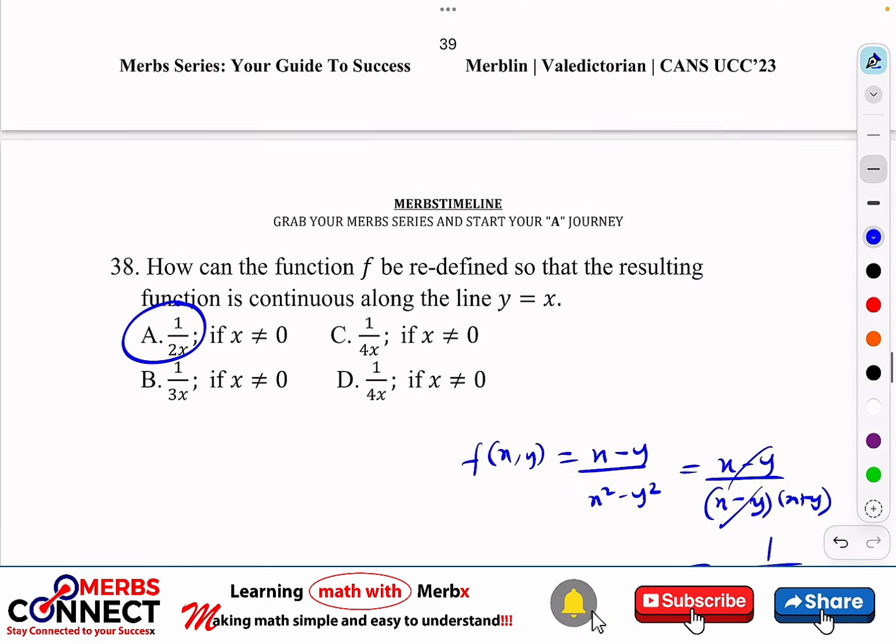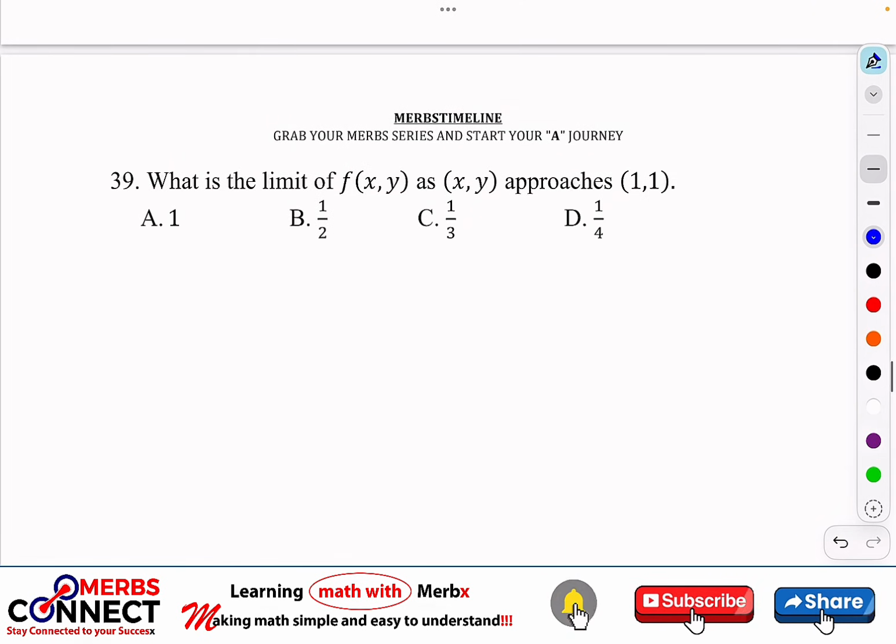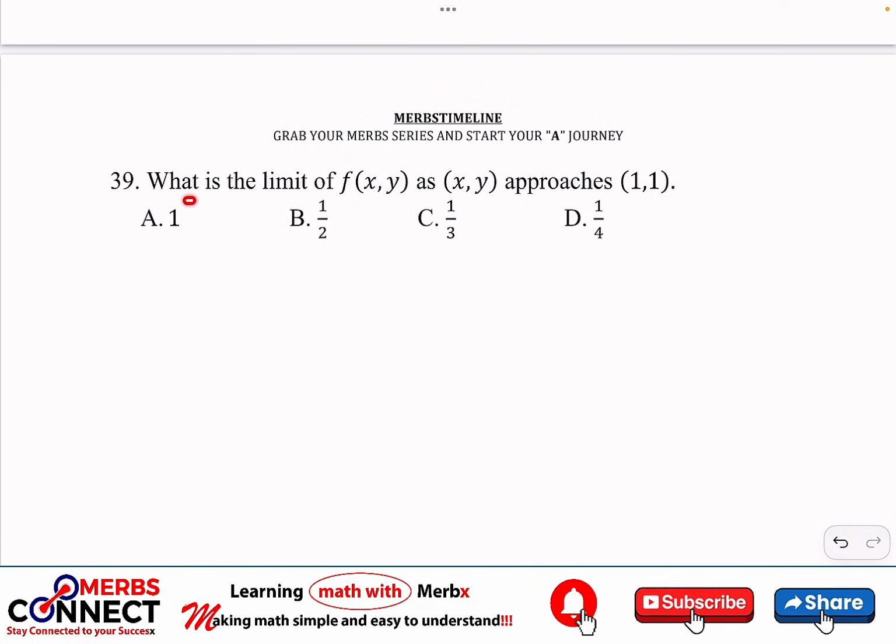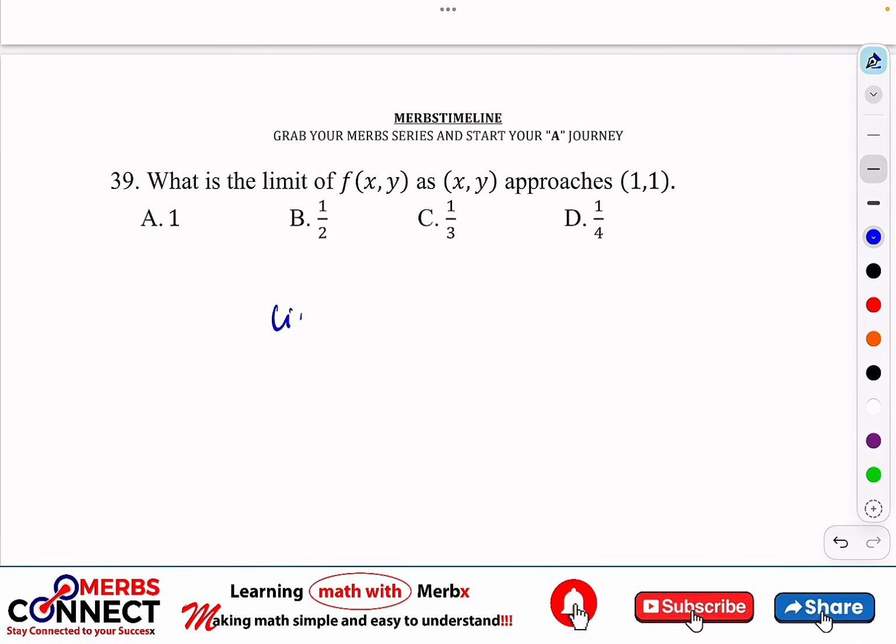Okay, so that's what's going to happen. Now the question is asking us, what is the limit as x and y approach 1, 1 of f of x, y?